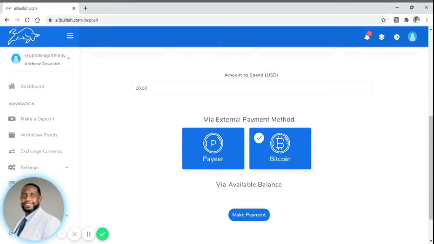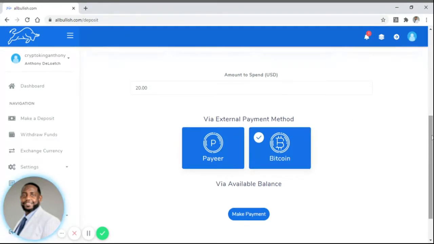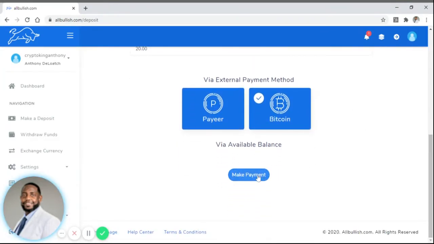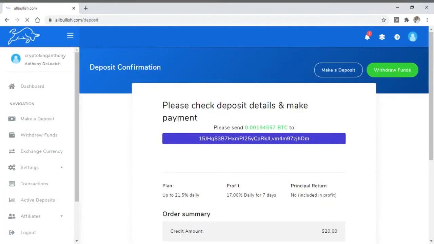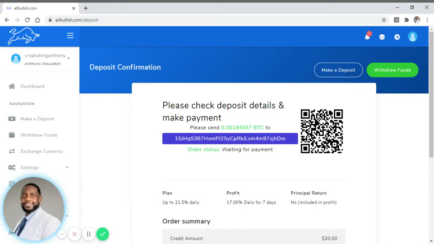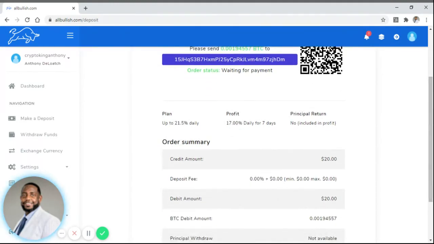So what you would do is go ahead and click on Bitcoin. You got your $20 in there, and then you're going to have to select the button that says make a payment. So you will go ahead and make payment. And when you do that, it's going to bring you up another page here that's going to have the wallet address where you're going to send your payment, and it's going to have the amount of Bitcoin that you actually need to send for it to be $20. So I decided I wanted to go ahead and do that. The profit amount that I'll get for 7 days is going to show me 17% because it's under $100.